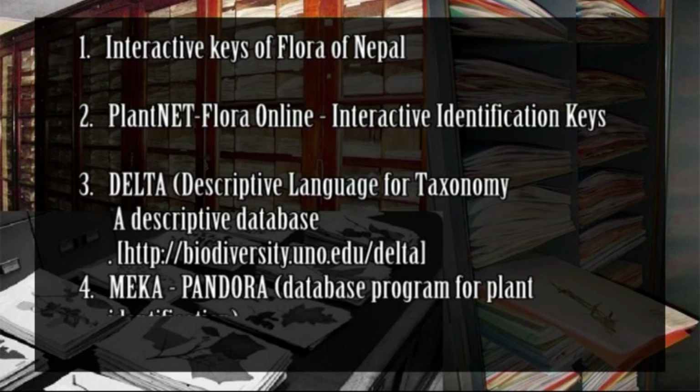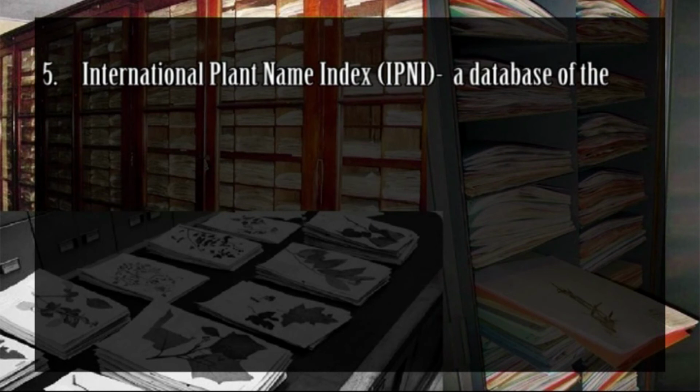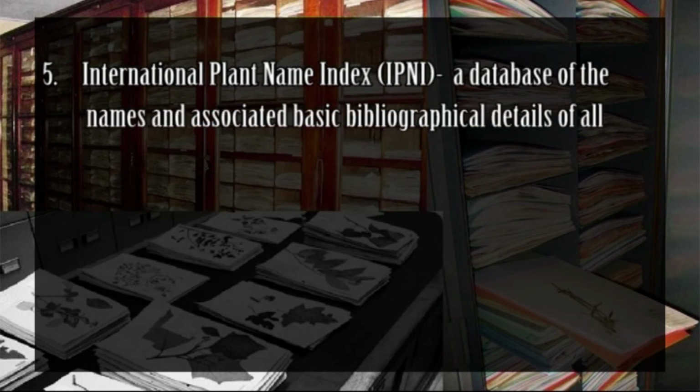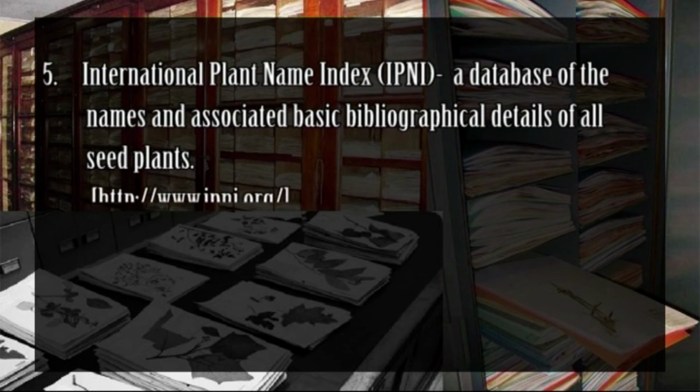Then we have MIKA, Pandora, that is a database program for plant identification. And we have the International Plant Names Index, that is IPNI, which is a database of names and associated basic bibliographical details of all seed plants.